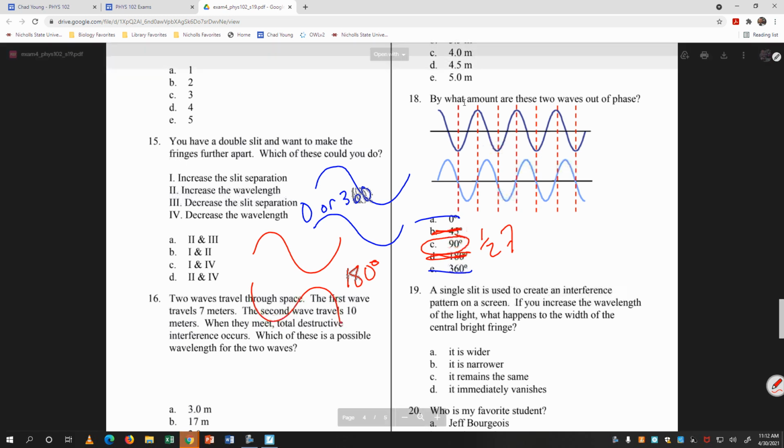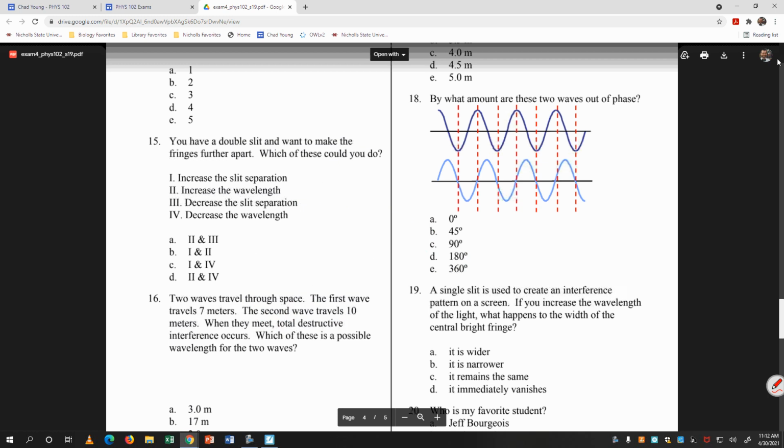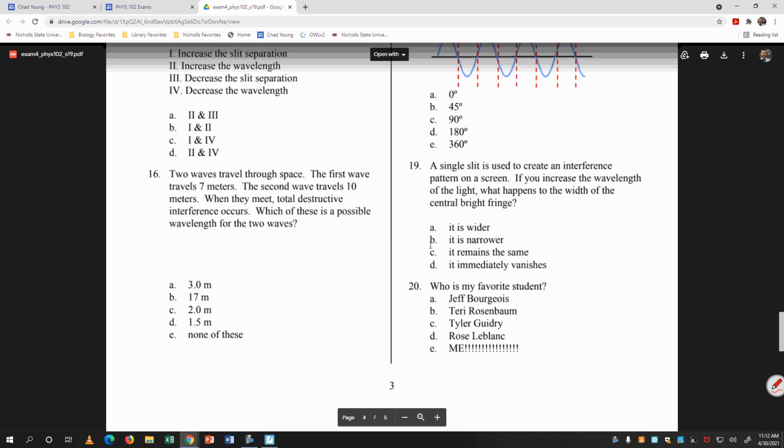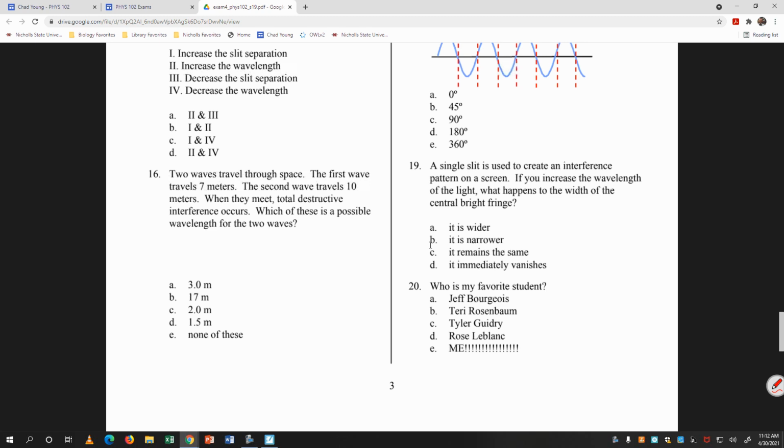Number 16, similar, is a good question for interference. Two waves travel through space. The first wave travels 7 meters, the second wave travels 10 meters. That means my path length difference is 3 meters. And when they meet, total destructive interference occurs. That means that the path length difference is some half wavelength increment.